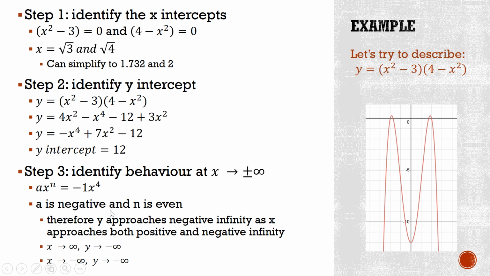A is negative, n is even, therefore y approaches negative infinity as x approaches both positive and negative infinity. And we write this like this: as x approaches infinity, y approaches negative infinity. As x approaches negative infinity, y approaches negative infinity. And that's how you write this. So this is the new content, this is step 3.